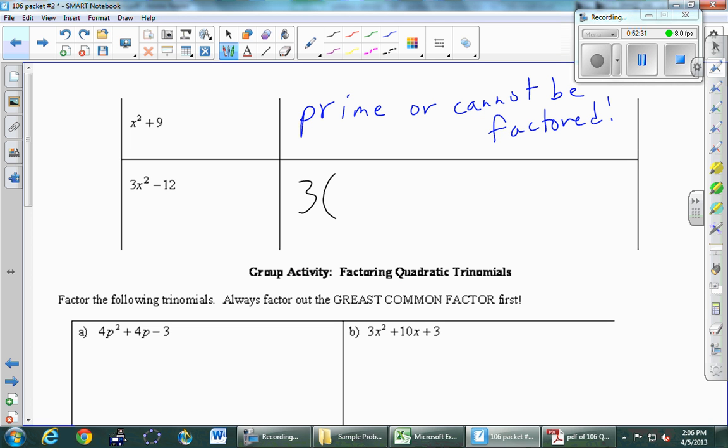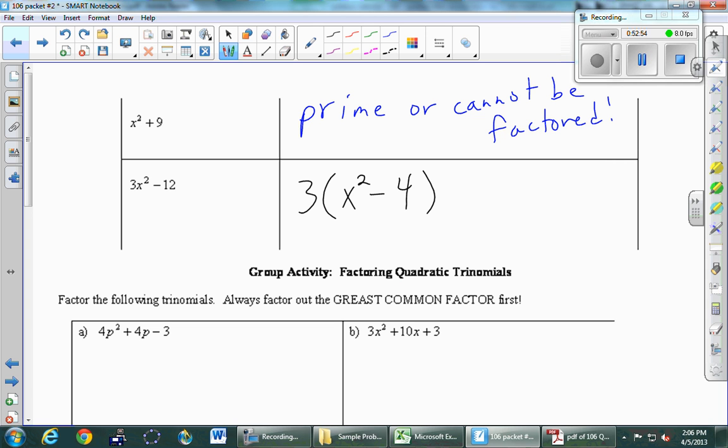Factor out a 3. And then what do you have left when you factor that 3 out? Minus 4. And you can go further with that one. So the giveaway here is that 4 is a perfect square. X squared is also a perfect square.